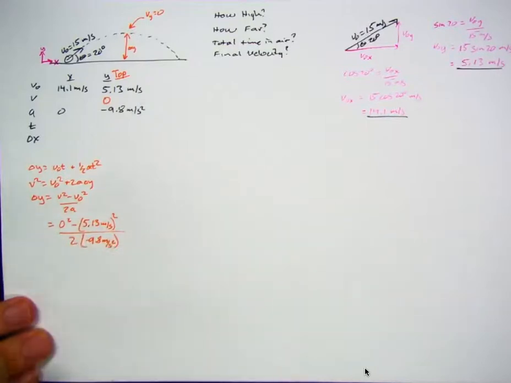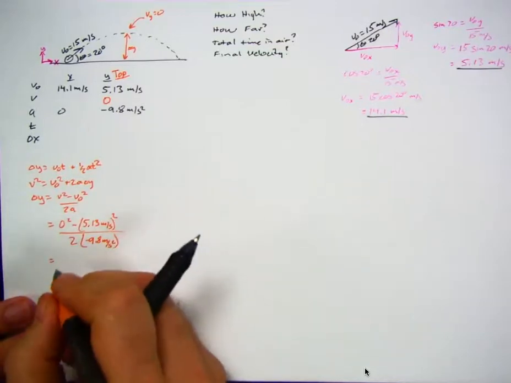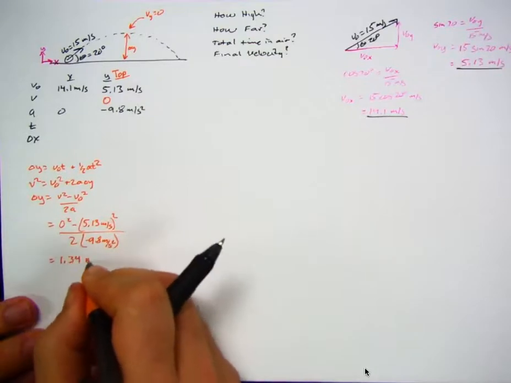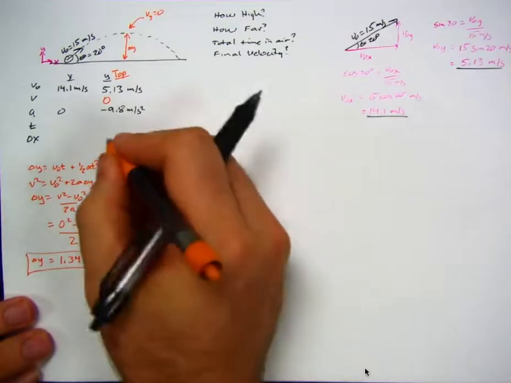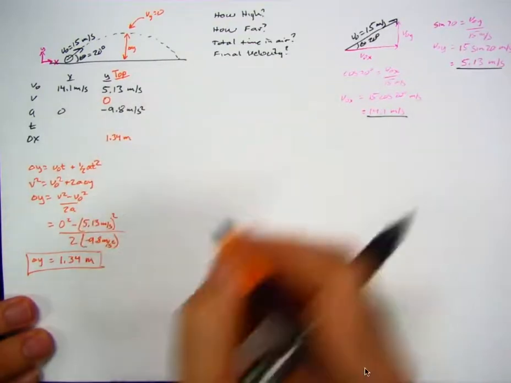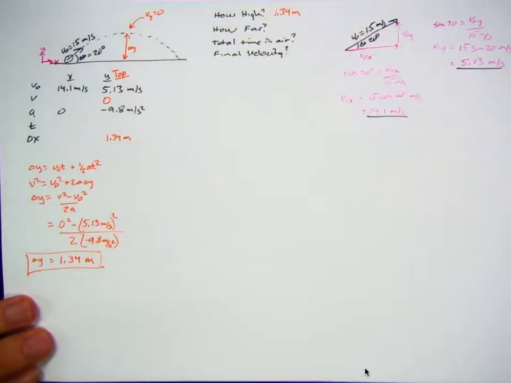So I end up with 5.13 squared divided by 2 and divided by 9.8, and I get a delta y of 1.34 meters. That is going to be my how high. I'll just put 1.34 meters right up there just so I know what's going on.